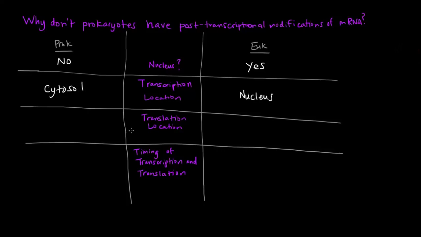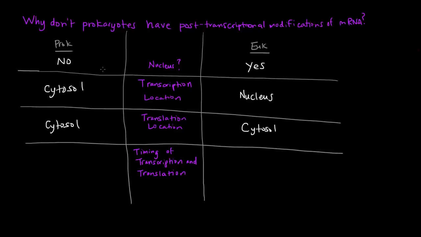Now, where does translation occur? Translation occurs in the cytosol, in both prokaryotes and eukaryotes. In prokaryotes, by default, really, because they have no place other than the cytosol for things to happen. In eukaryotes, translation occurs in the cytosol, transcription occurs in the nucleus. Now, why is this important?